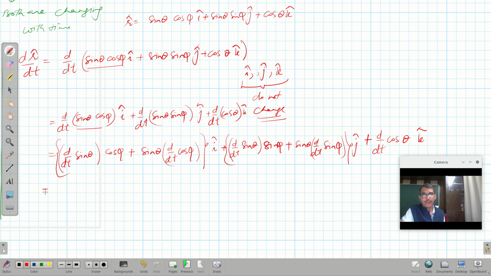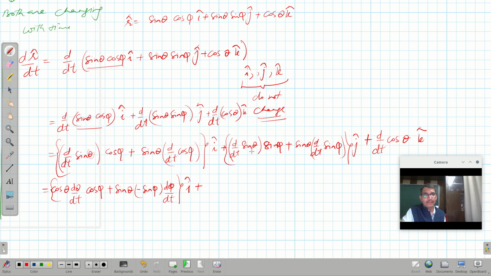What is the derivative of sine? The derivative of sine theta is cos theta, and I will apply the chain rule. It means I have to take the derivative d theta by dt, and then cos phi will remain as it is, plus sine theta. The derivative of cos phi will be minus sine phi, and again applying the chain rule, d phi upon dt, and the whole i cap.